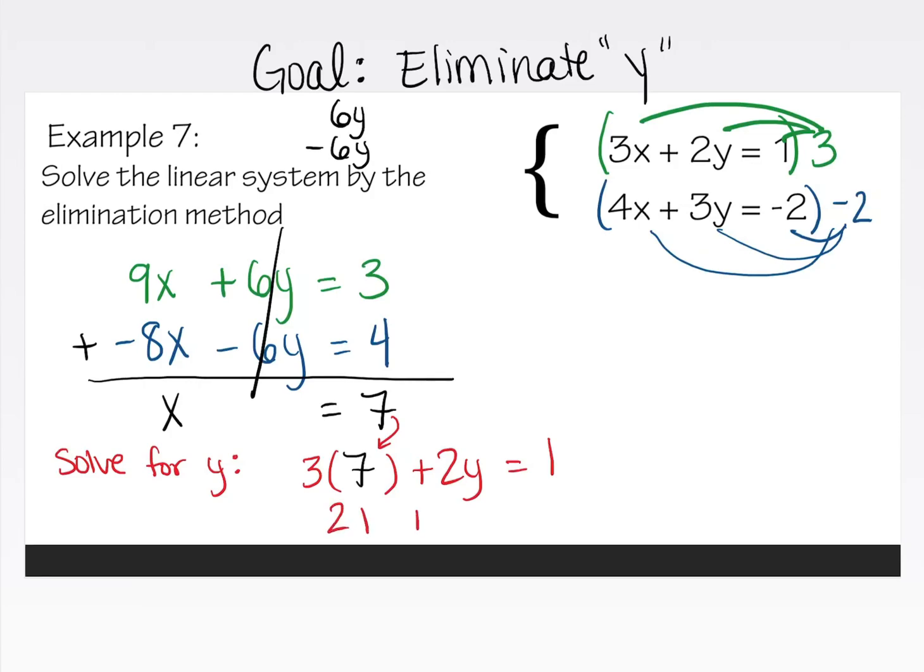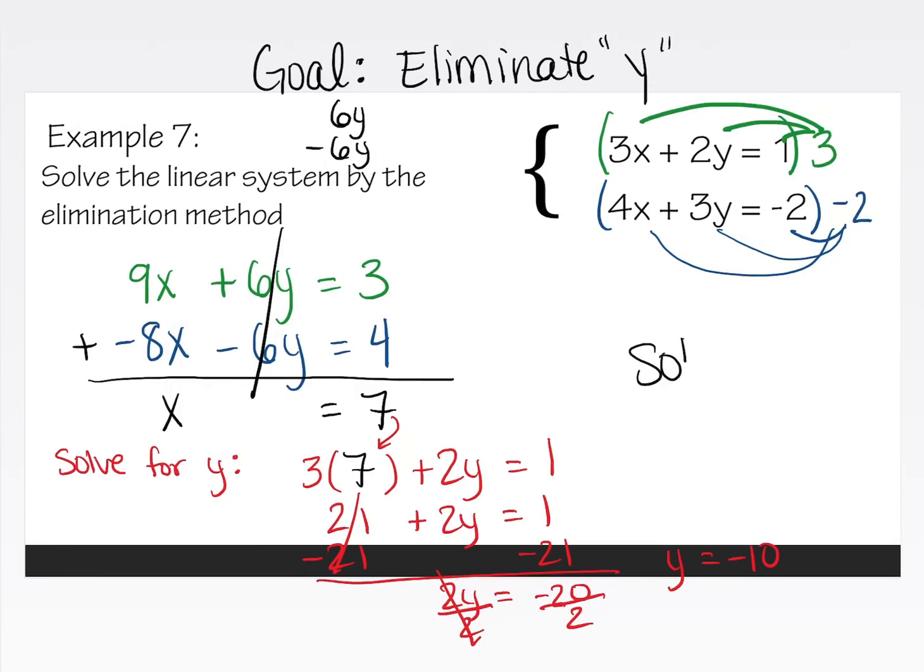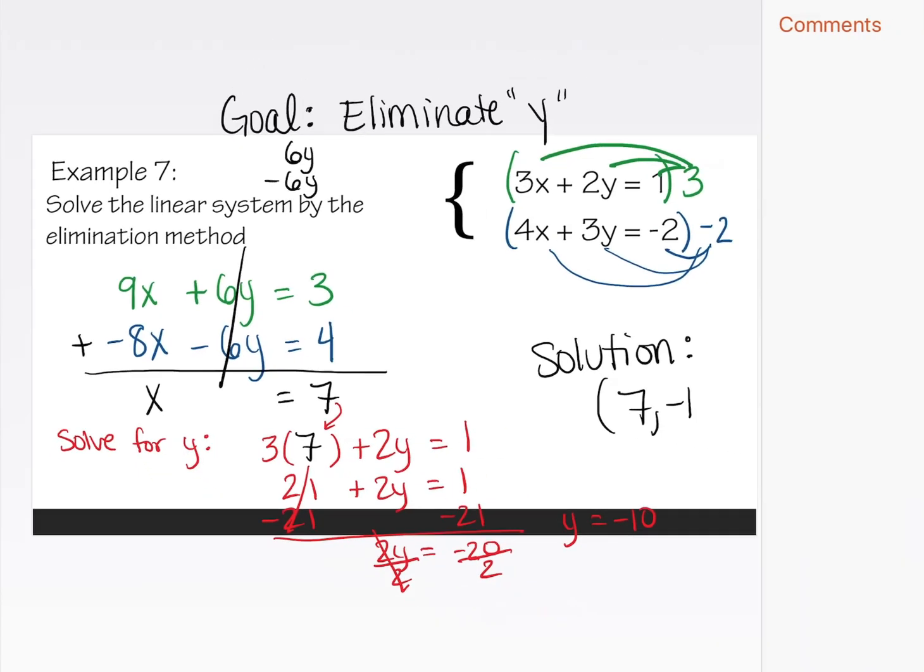So I have 21 plus 2y equals 1. Subtract 21 from both sides, and I get 2y equals negative 20. Now we can divide both sides by positive 2 to isolate that y, and y equals negative 10. So my solution here in x comma y is 7 comma negative 10.